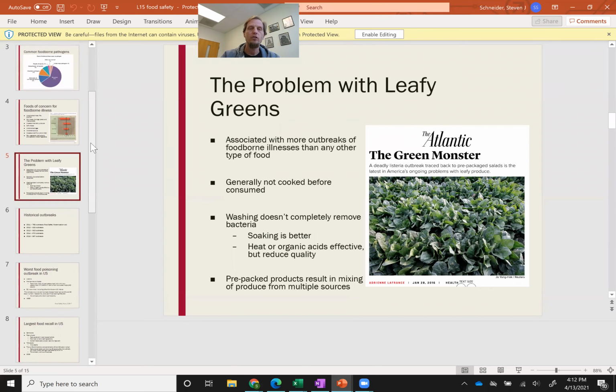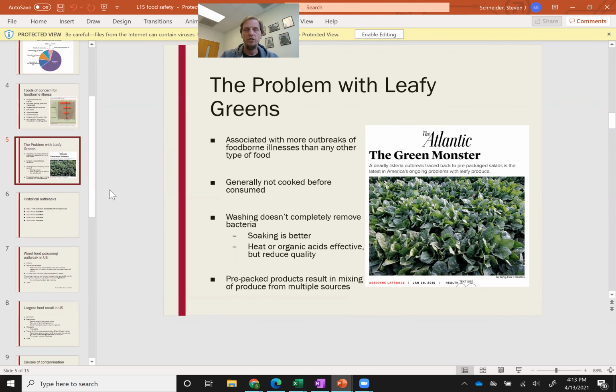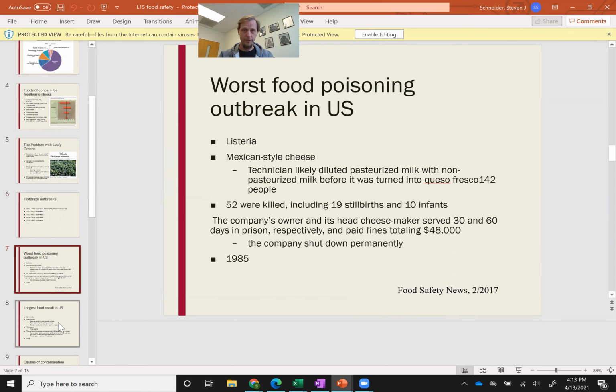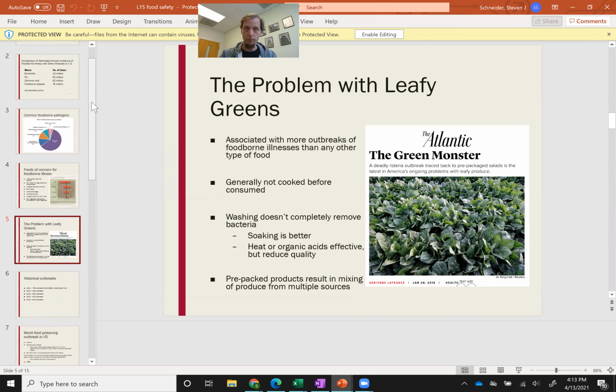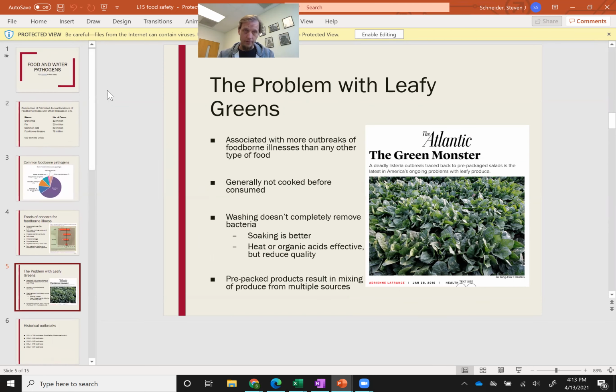One and done. But soaking is better. There's other ways to avoid that. Usually it's safe. I've not suffered this too much. Not too many people have, but you will see in the data, the historical outbreaks that, yeah, salads probably are responsible for more food poisoning than meats in general. Okay, and outbreaks like that.